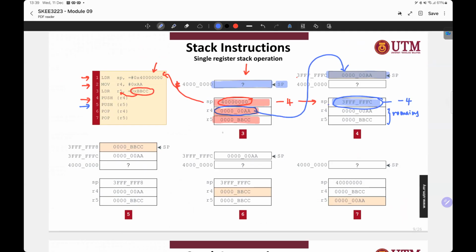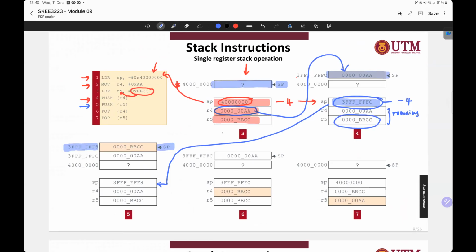So that's why you can see here, inside of the stack pointer register, you have this 3FFFFFF8, and in the stack memory, now your stack pointer points to this address. This is your stack pointer. What happened next? After you decremented the stack pointer, you push R5.